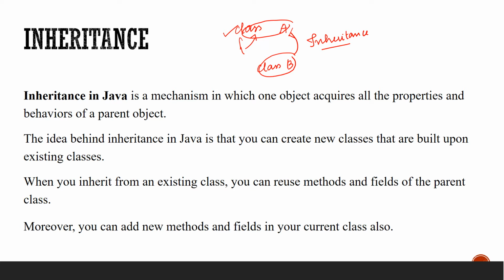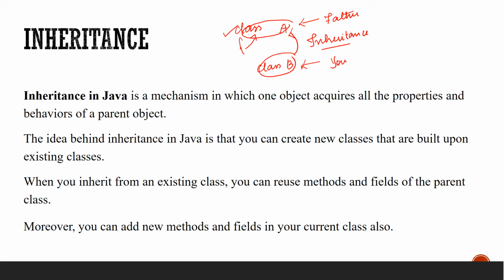When you inherit from an existing class, you can reuse methods and fields of the parent class. So here, this is a parent class and this is a child class. Let us consider this as your father and this as you.